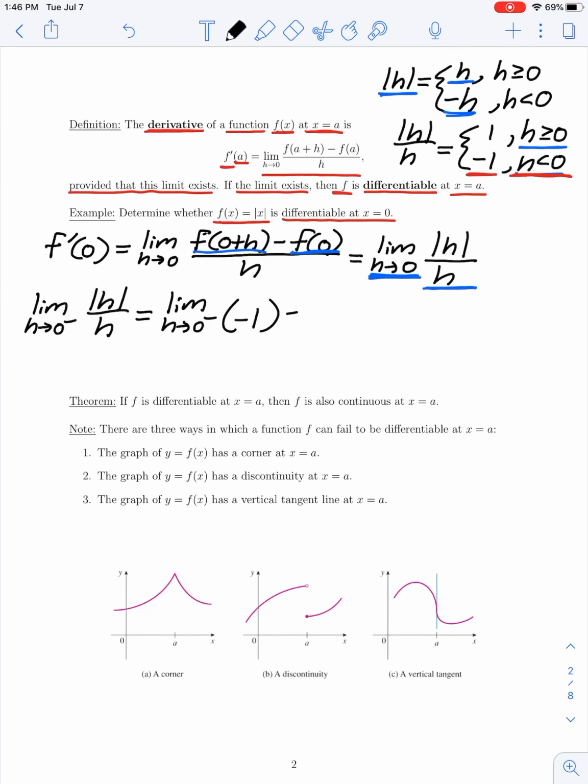And therefore, the limit of this constant value would be negative 1. However, if the limit is being considered from the right-hand side, the absolute value of h over h, if h is greater than 0, is defined as 1. So we would have a limit of 1, which is not equal to the left-hand limit.